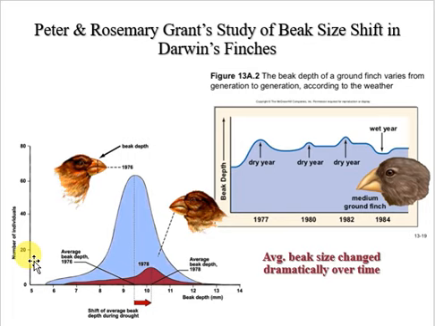Having a large beak is most beneficial to the birds during a drought, whereas having that short, blunt beak is beneficial for normal rain periods when you have a plethora of small, medium-sized seeds. Again, these were dramatic changes in beak size, and they happened very quickly over time, which is very different from the slow, gradual evolution that Darwin had spoken of.